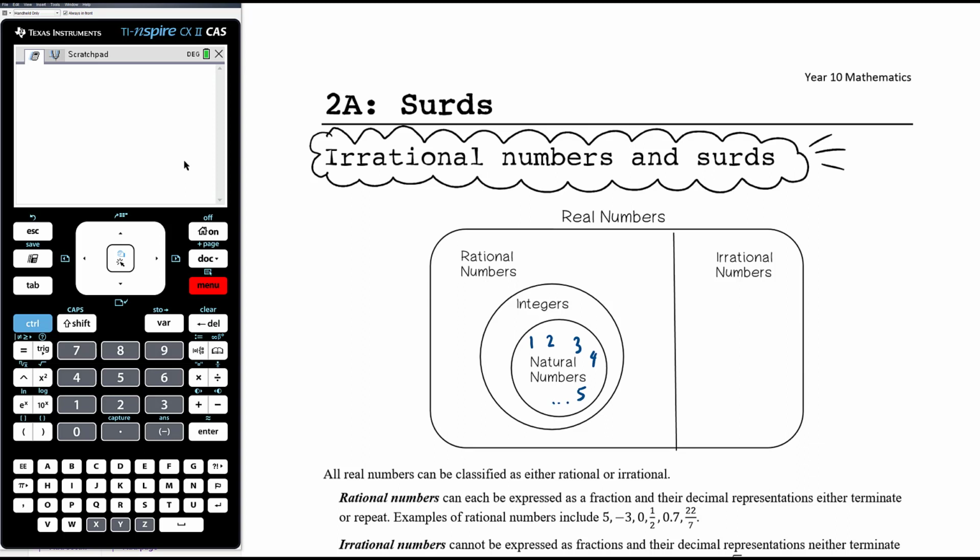Okay? Then down the track, quite a lot further down the track, late primary, early secondary school, although a bit before that we might add in 0, we talk about the integers. So the integers include all of the natural numbers, so every natural number is an integer.